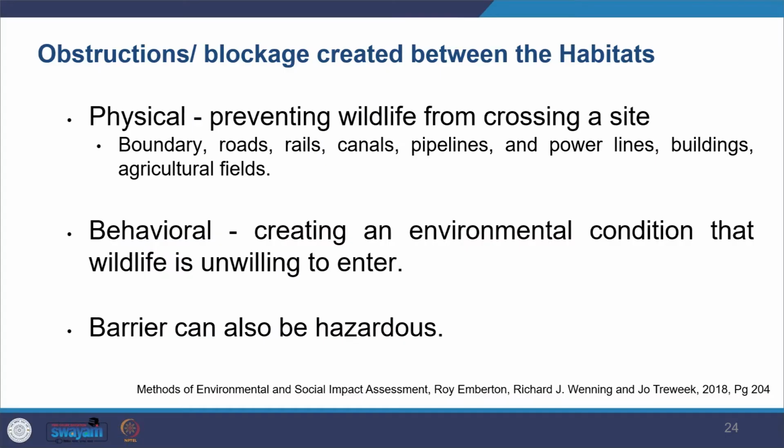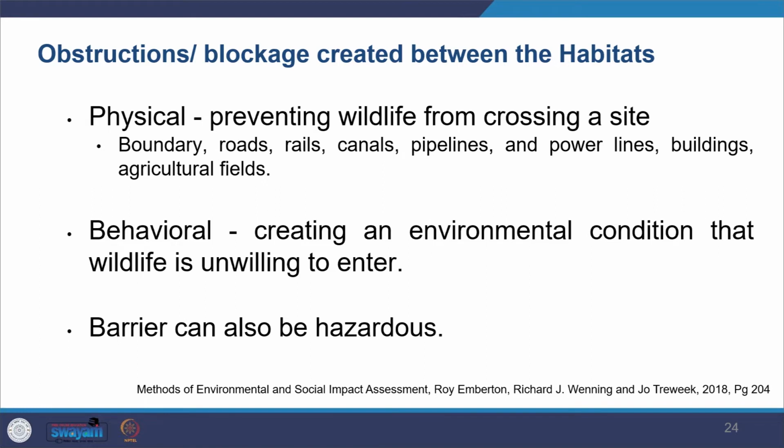Many a time, because of the project and the kind of changes that will happen, new obstructions or blockages are created between habitats, and these blockages can be physical, which prevents wildlife from moving from one place to another.